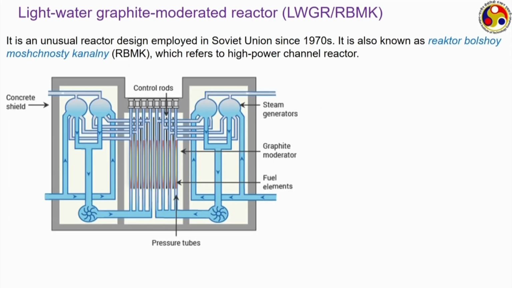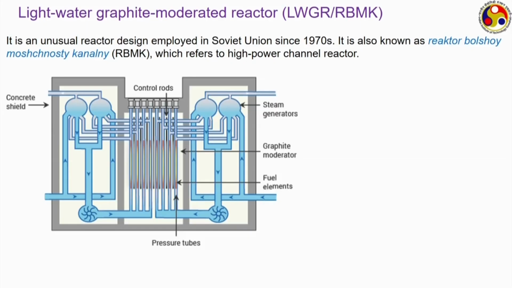Next we come to a very interesting reactor, called the light water graphite moderated reactor, LWGR. It is an unusual design which was conceptualized in the former Soviet Union in the 1970s, and they gave it a Russian name, from which the acronym RBMK is generated, which as per literal translation refers to high power channel reactor.